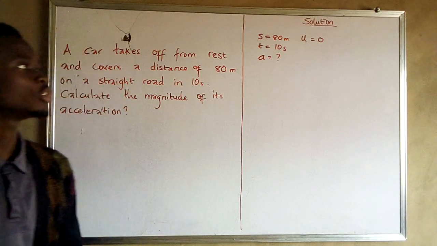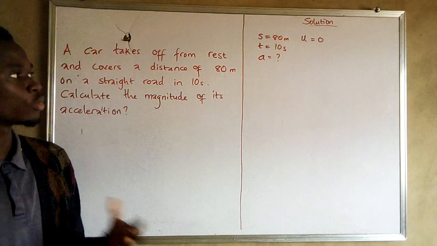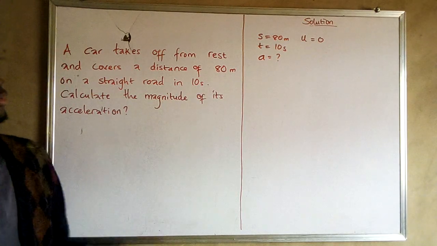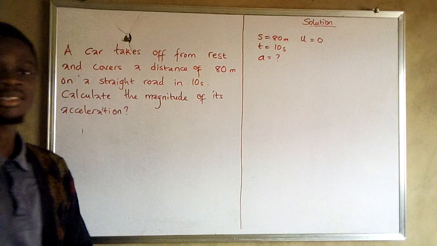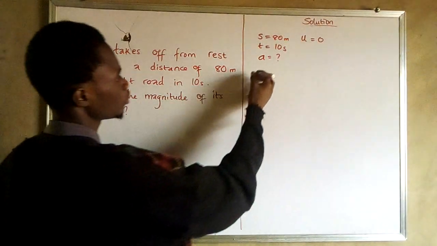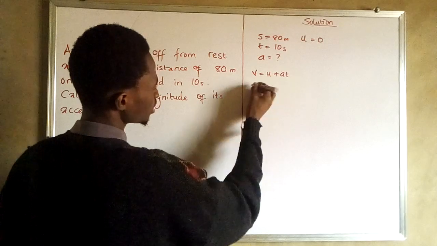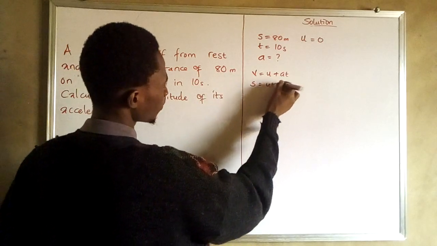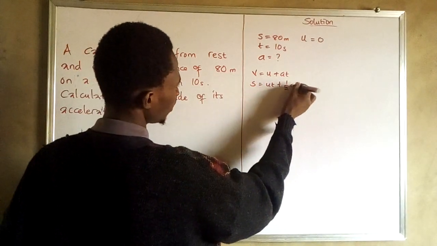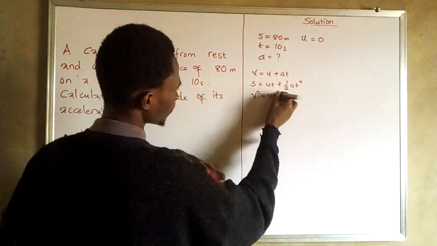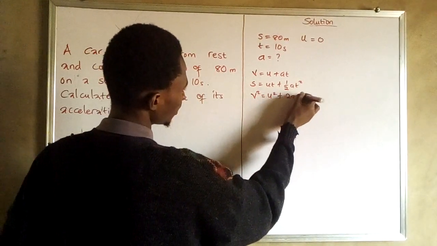The next step now is to apply the equation of motion required to find the value of our acceleration. We have three main equations of motion: v equals u plus at. The second one, s equals ut plus half at squared. And the third one is v squared equals u squared plus 2as.